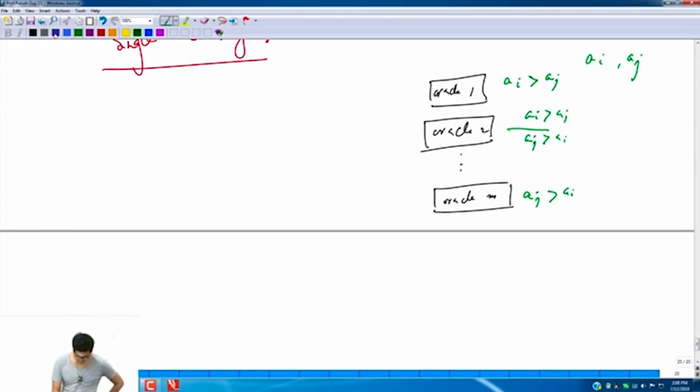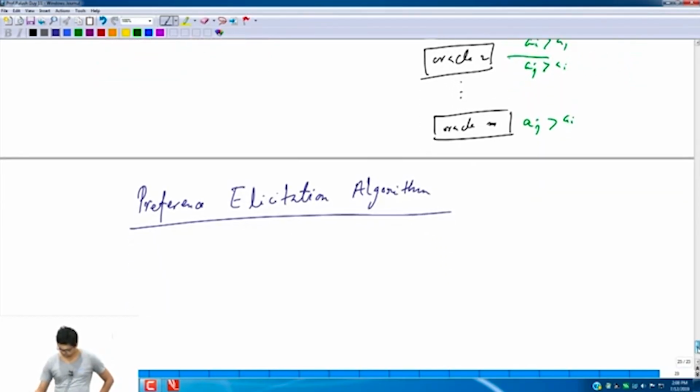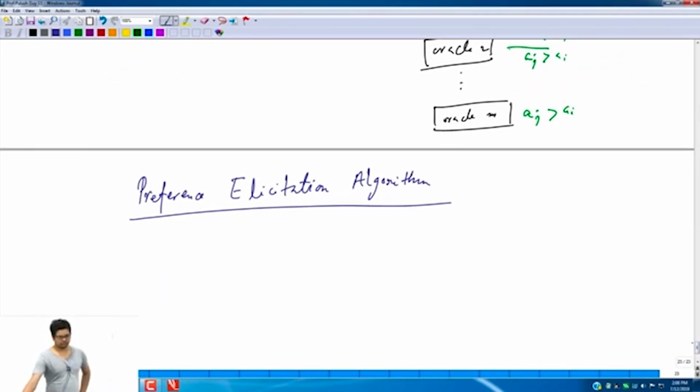And it's a very simple algorithm. So let me write the algorithm first. Let me call it the preference elicitation algorithm. It tries to elicit the preference orders.